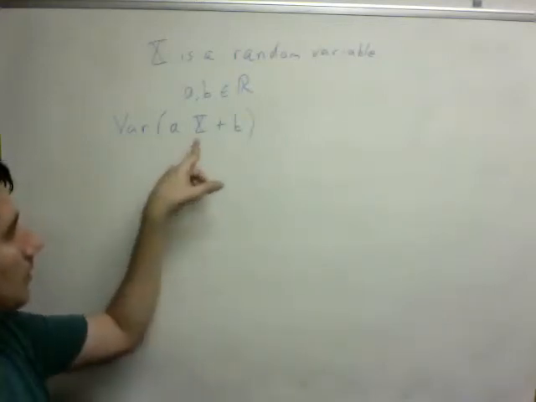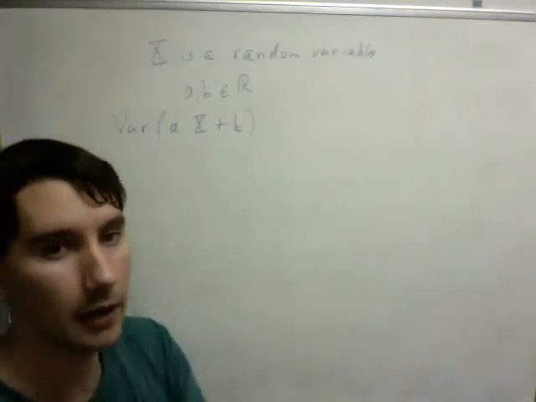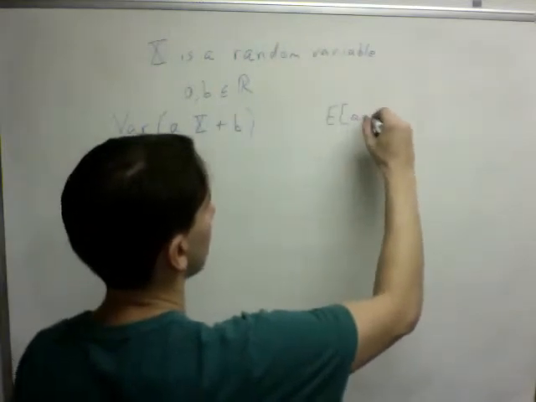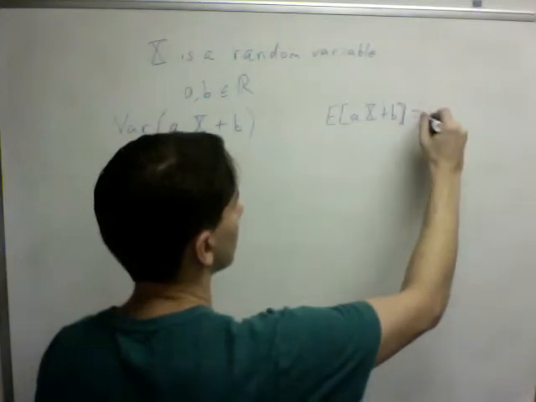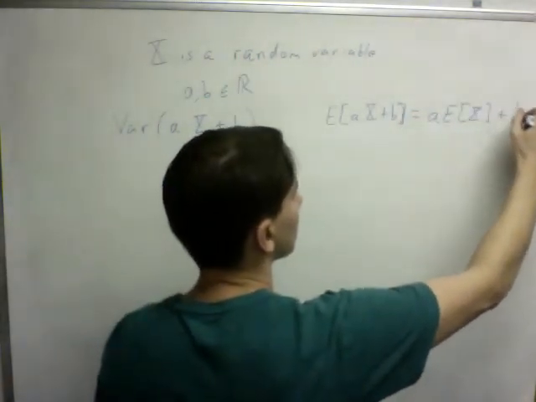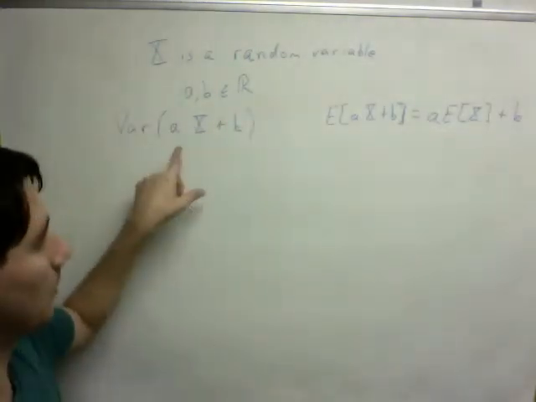So I took X, multiplied it by some constant, and added some constant. And with expectation, maybe I'll remind you, the expected value of aX plus b is equal to a times the expected value of X plus b, right, because it was linear. But let's see what happens to the variance.